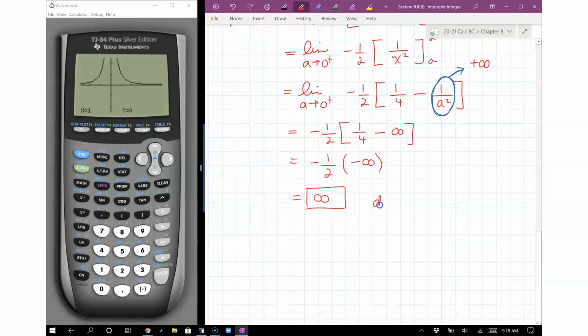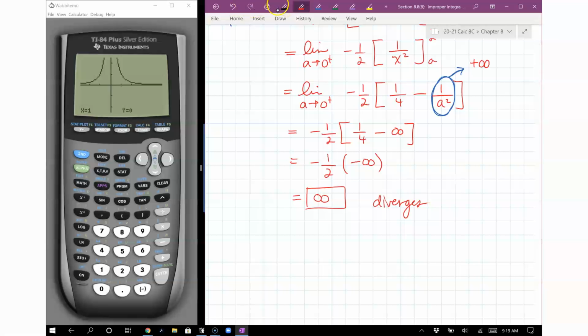This one diverges. So remember, you have to look at your graphs. Look at your graphs and see what happens. That way you can tell, according to what I have here, this is where it's going.